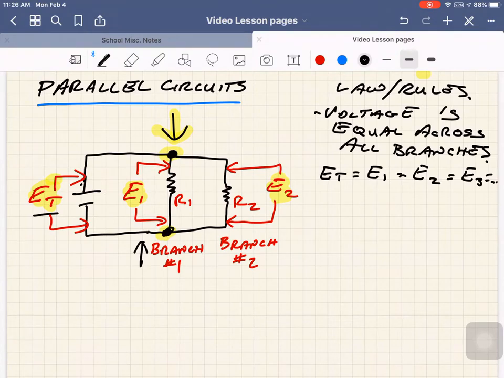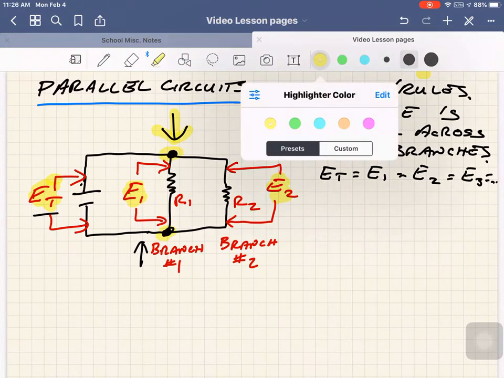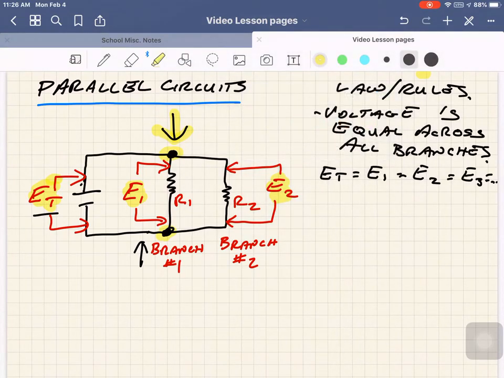So we only have one resistor in each branch right now, so each resistor would get that full 120 volts. If that's a 9-volt battery for our power supply, then across R1 would be 9 volts and across R2 would be 9 volts, right? So rule number 1, as I said, voltage is the same across each branch.